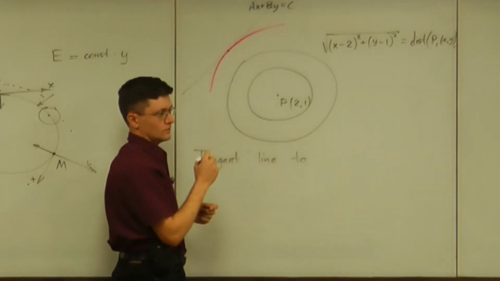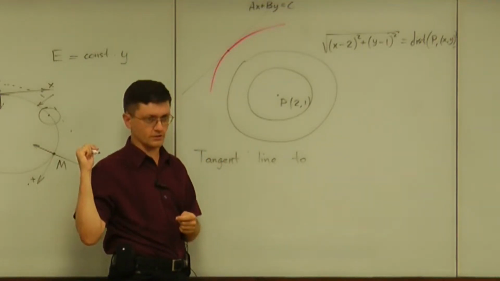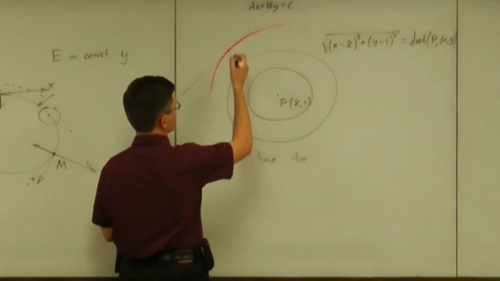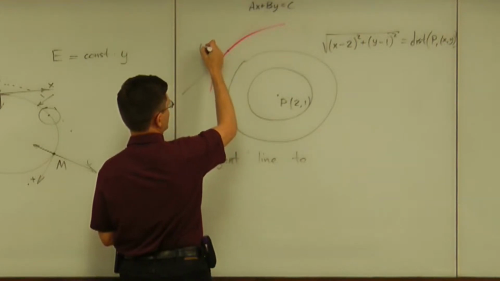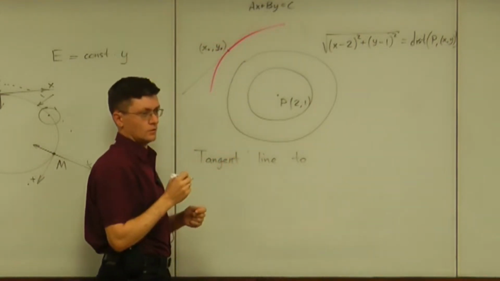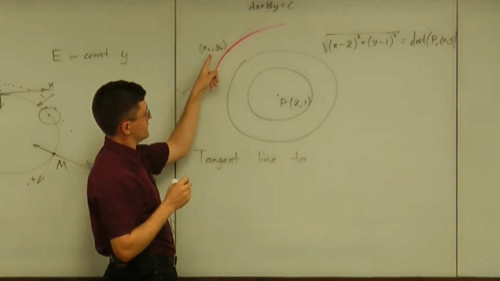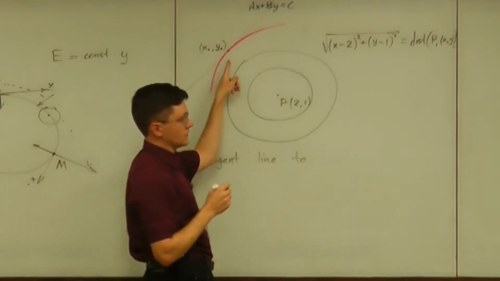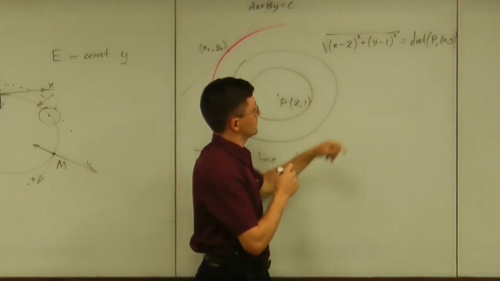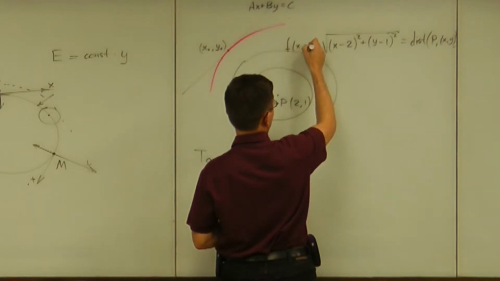And when we do talk about the tangent line, we do this linearization. So algebraically, what happens is that we have to think about this unknown point, x0, y0, where the touching happens. Then at that point, we have to linearize that function, and let's call it f of x, y.